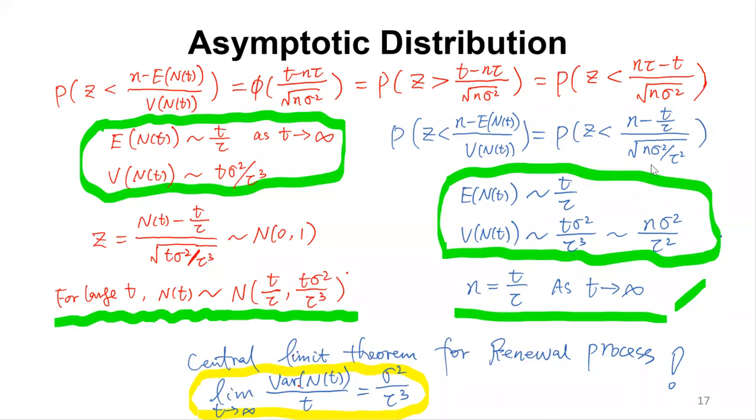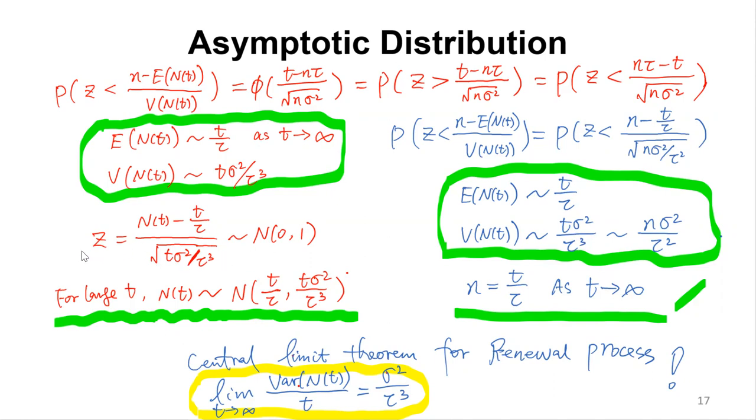The variance of N_t is actually, because this is a standard deviation, if we put it out, it should be t sigma square over tau cube. So this is approximately equal to n sigma square over tau square, because this is the standard deviation and this is a variance.